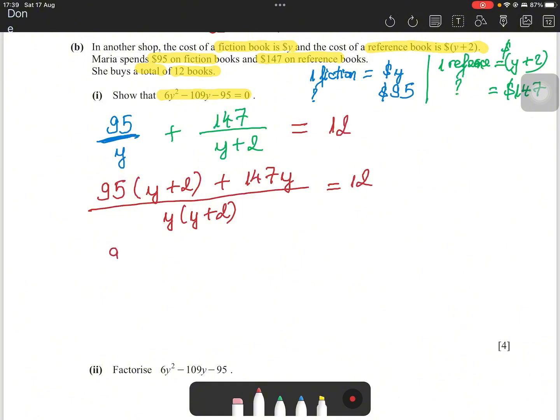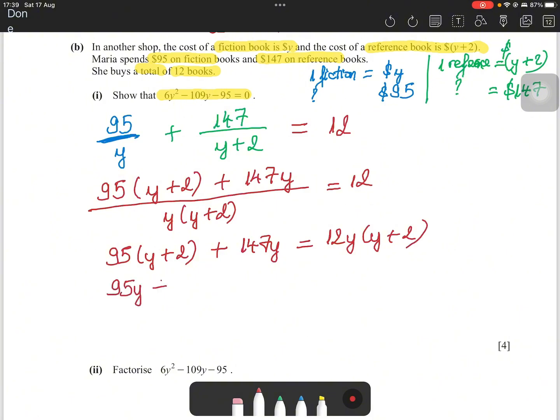So I have 95 times Y plus 2 plus 147Y equals 12 times Y times Y plus 2. 95 times Y is 95Y. 95 times 2 is 190. Plus 147Y equals 12 multiplied by Y times Y is Y squared. And Y times 2 is 2Y.